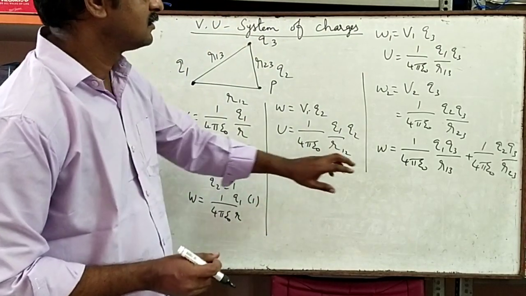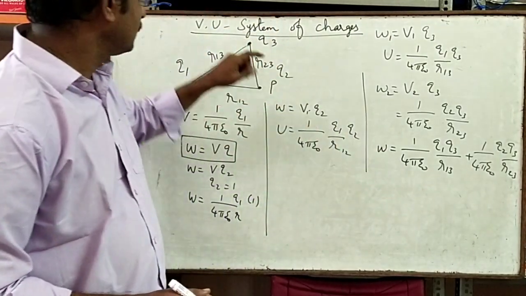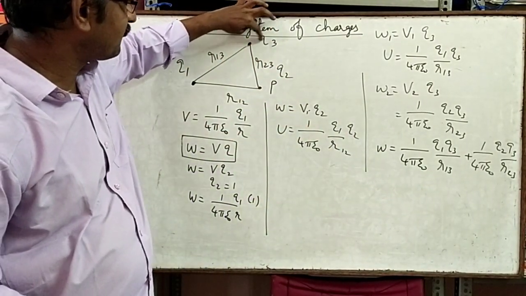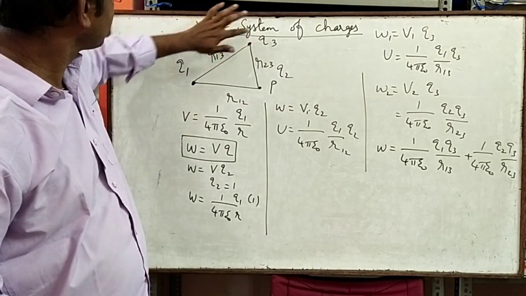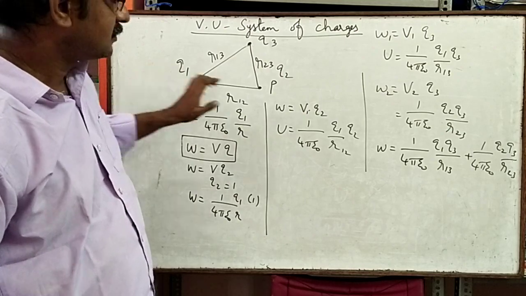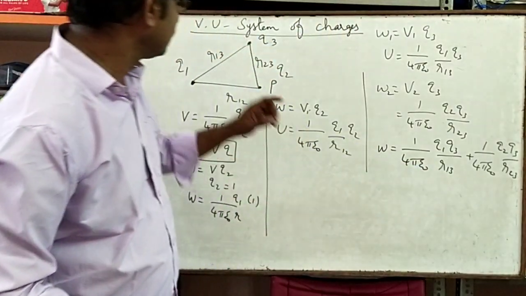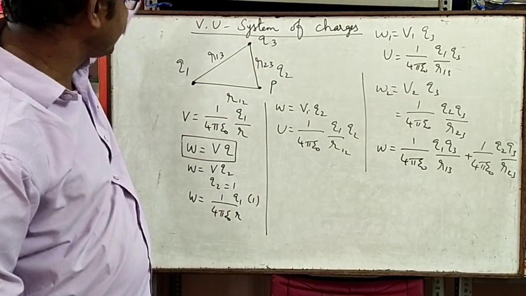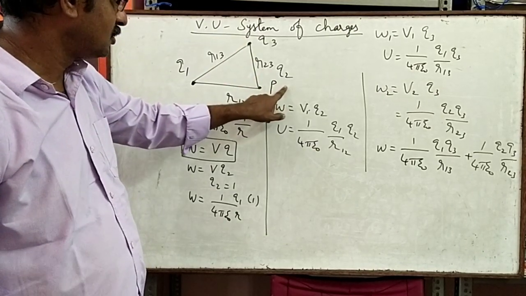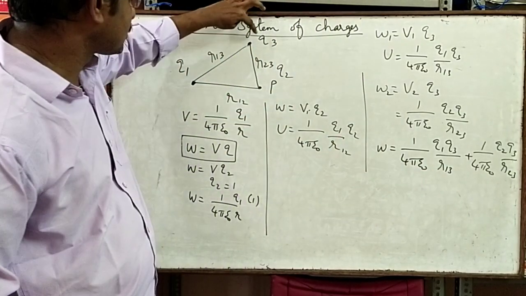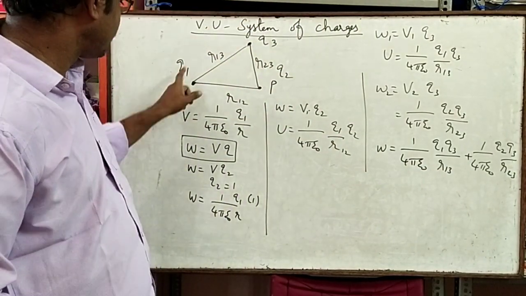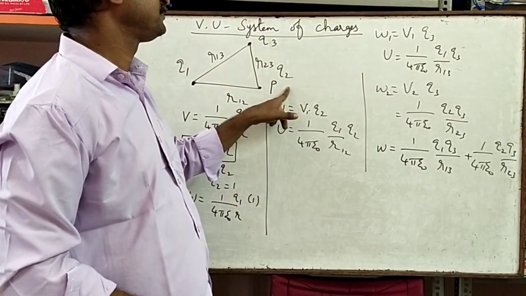This is work done in bringing charge Q3 from infinity to the point with respect to Q1. This is the work done with respect to Q2. So this is the total work done in bringing charge Q3 from infinity to the point P in the presence of Q1 and Q2.